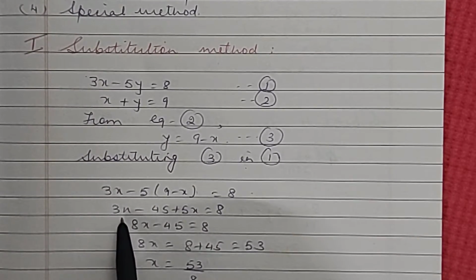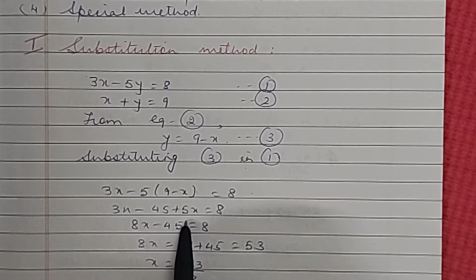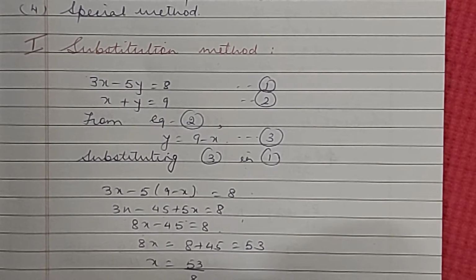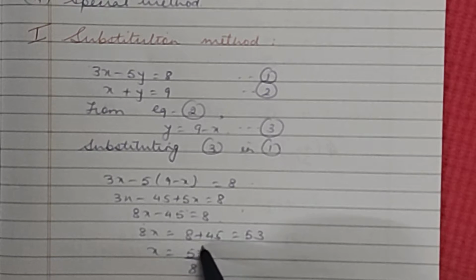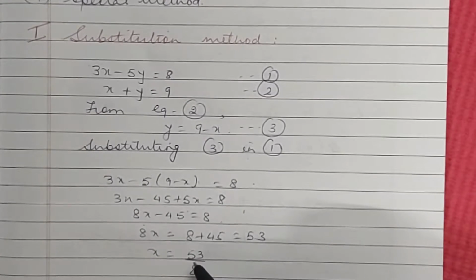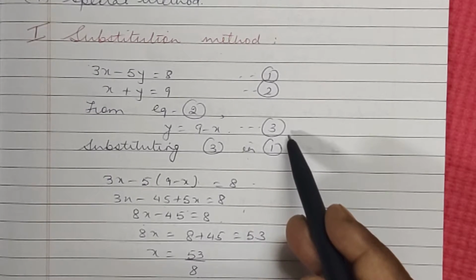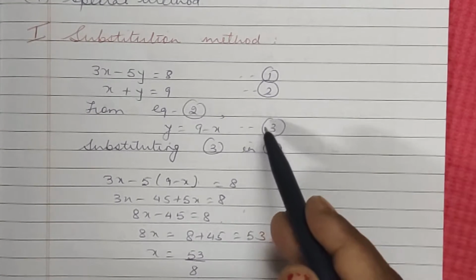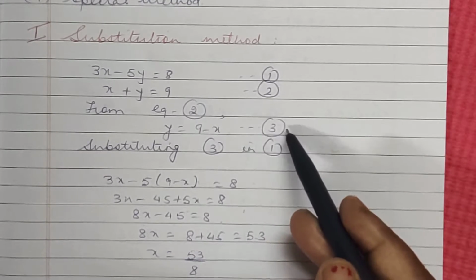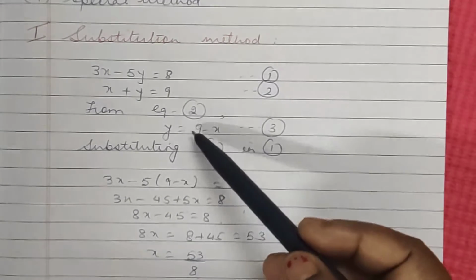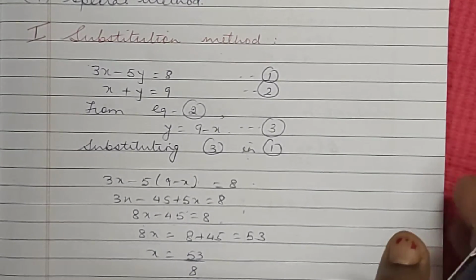When you solve it, you will get 3x minus 45 plus 5x equals 8, or 8x minus 45 equals 8, or x equals 53 by 8. So we have got the value of x. Now we will put this value of x in equation 3 to find the value of y. y equals 9 minus 53 by 8.